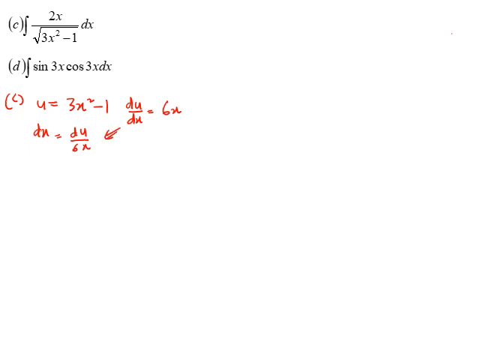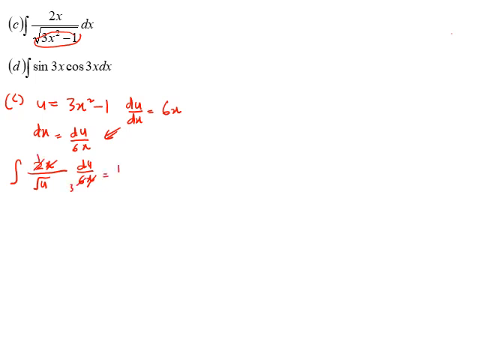Okay, now we can substitute in the original equation. So 2x, the whole thing here is now u. So square root u, dx is du over 6x. So now you can cancel the x. 2 and 6 will be 1 over 3.